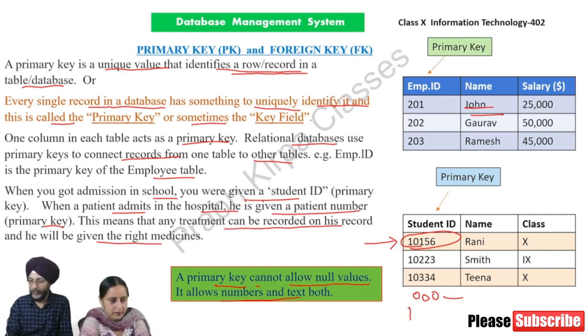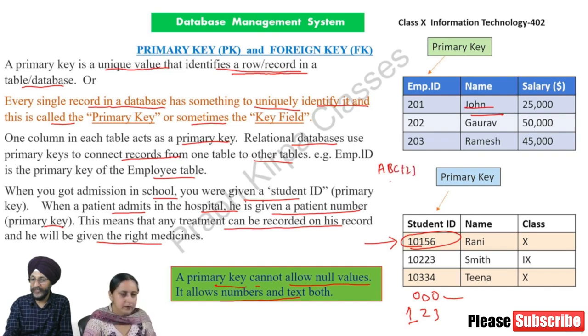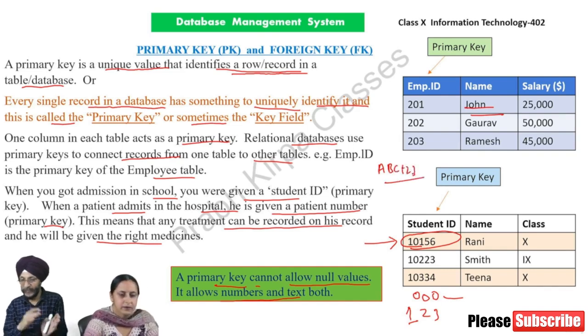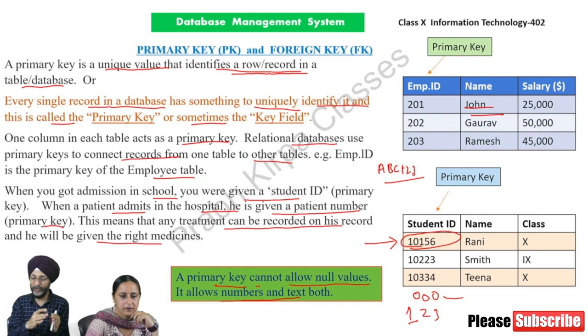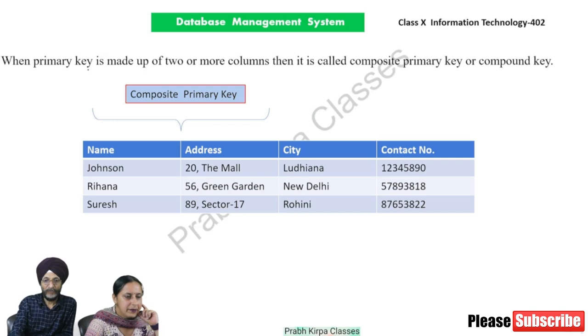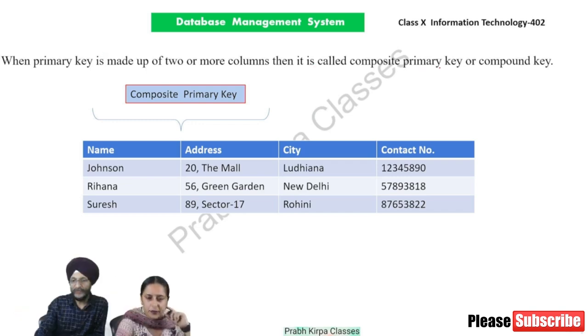It may be a roll number, may be 1, 2, 3, or in case of an employee ID, it may be A, B, C, 1, 2, 3, just like that. It may be a combination of both, or it may be only numbers or text, but it cannot be 0. When a primary key is made up of 2 or more columns, then it is called a composite primary key or compound key.